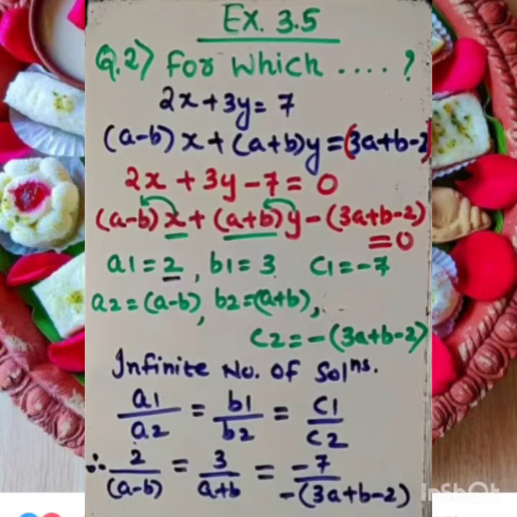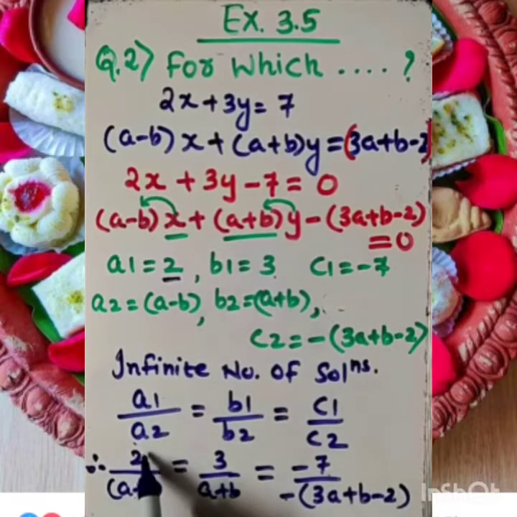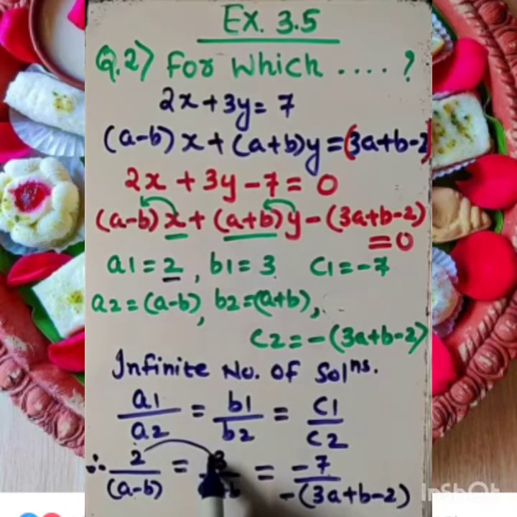As in general we used to compare, as we have seen in the previous two questions, this term with this and this term with this. But as we want to find the unknown values of a and b here, we are given the equations. So what we have to do, let's see, we are going to equate this with this, and we are going to equate this with this also.